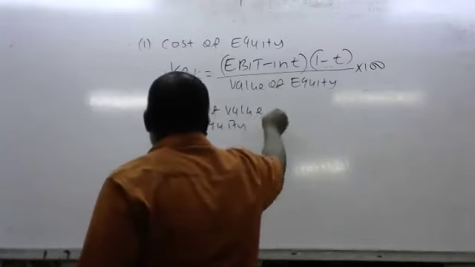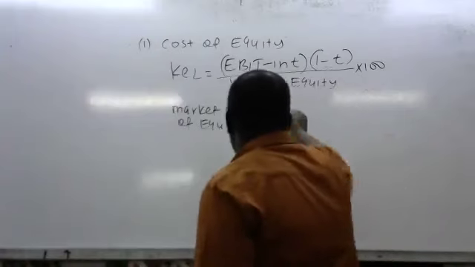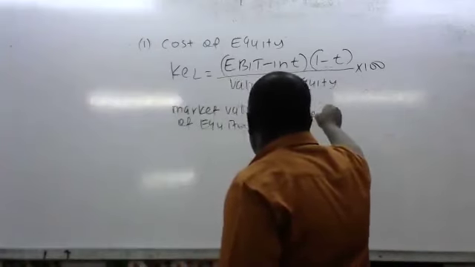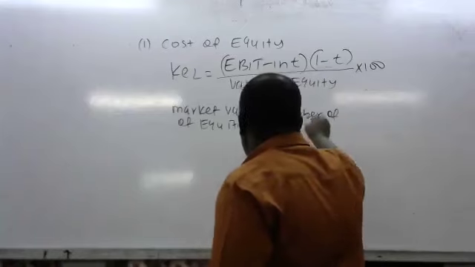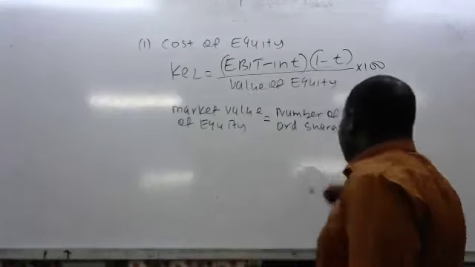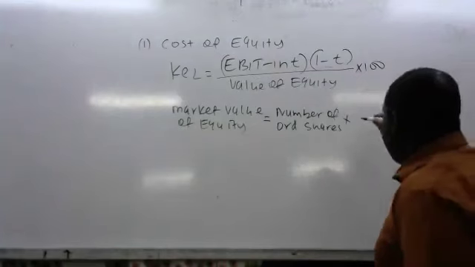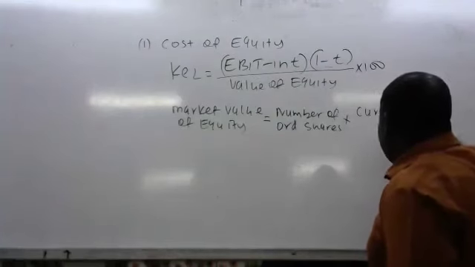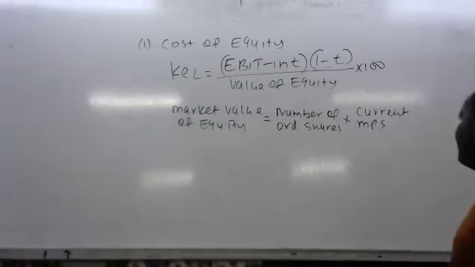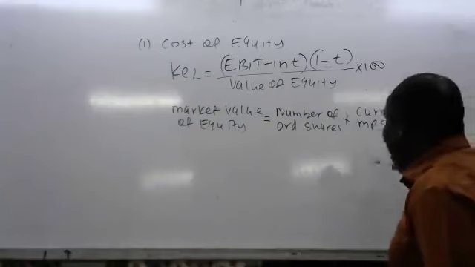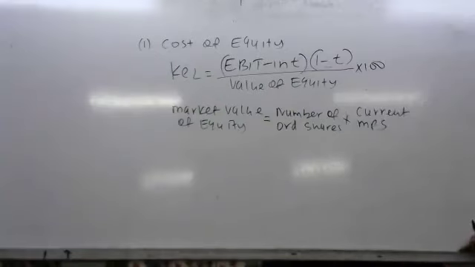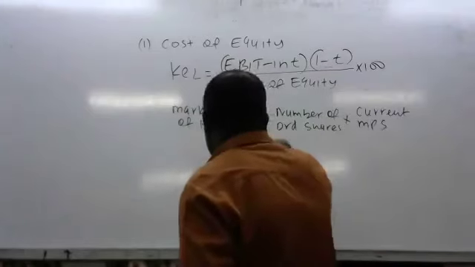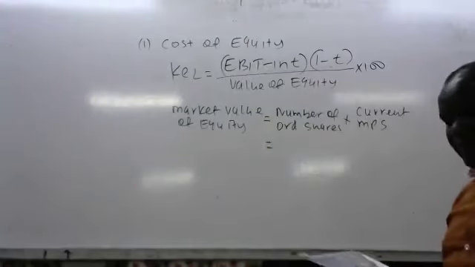To get the market value of equity, we get the number of ordinary shares multiplied by the current market price per share. The number of ordinary shares, you check through the capital structure.